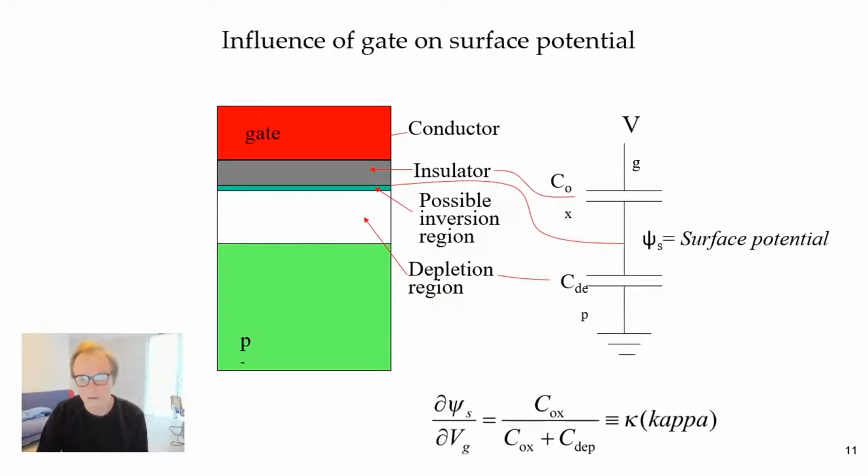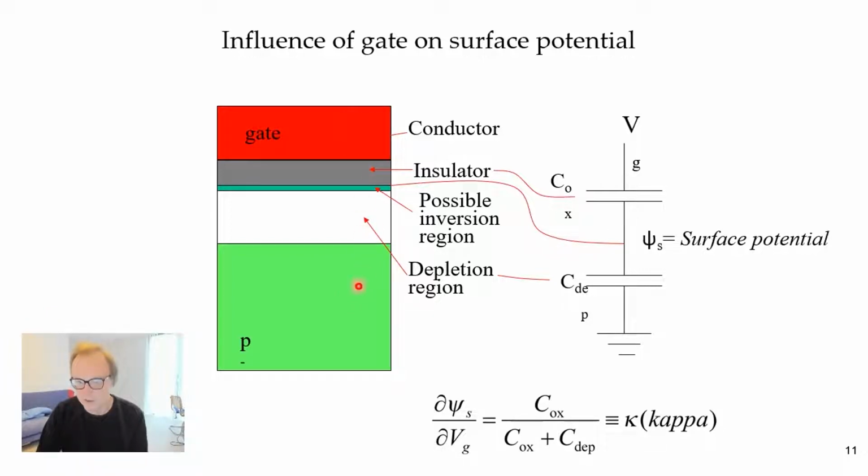Now, to remind you also, there's an influence of the gate on the surface potential through this capacitive divider, where you have a conducting region, the gate oxide, a possible inversion region, a depletion region, and the underlying substrate.